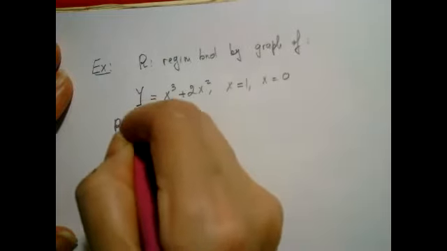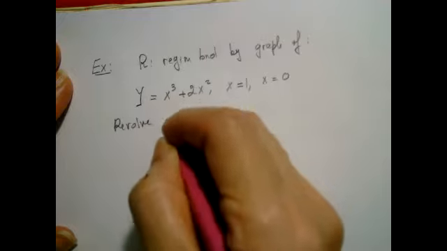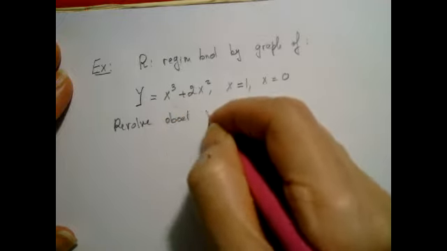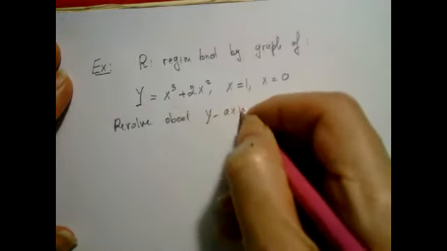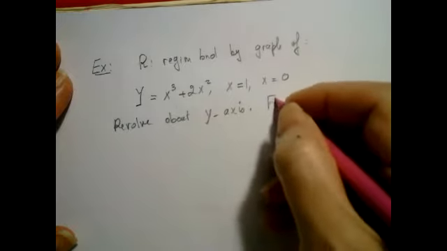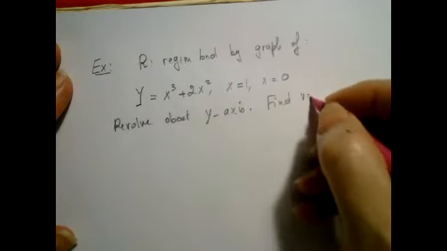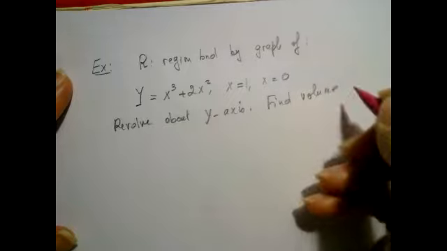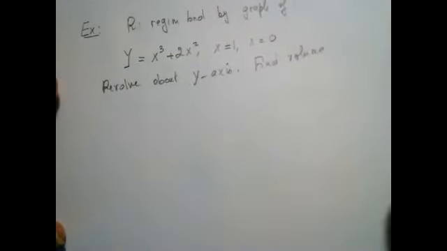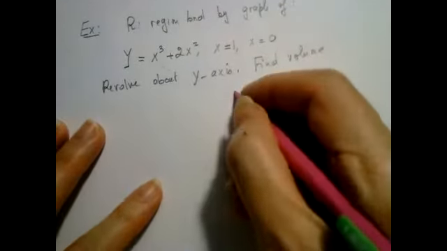We're going to revolve about the y-axis, and the question is to find the volume using the shell method, which will be the only way out. All right. So I will draw the picture in this scenario.